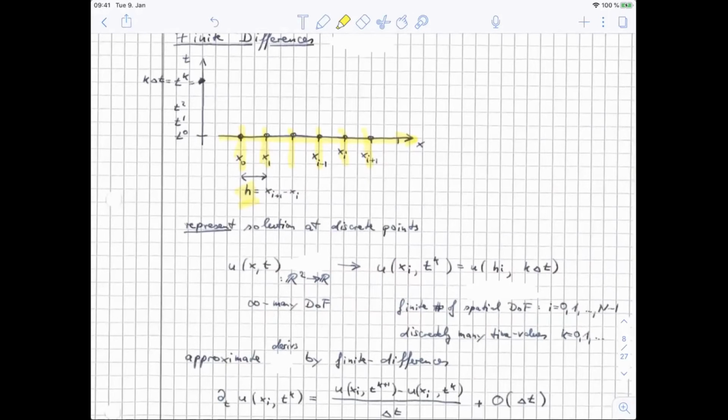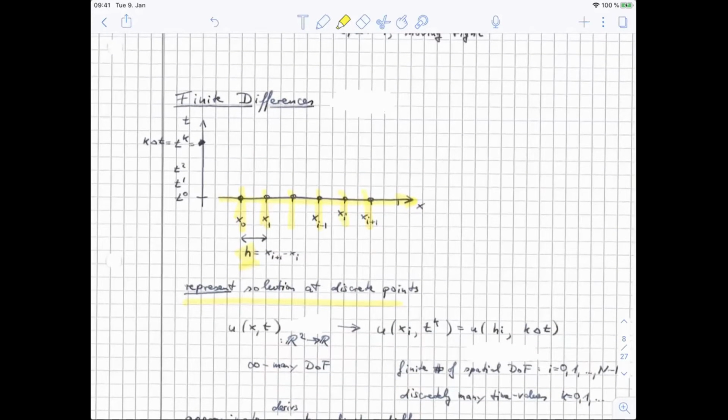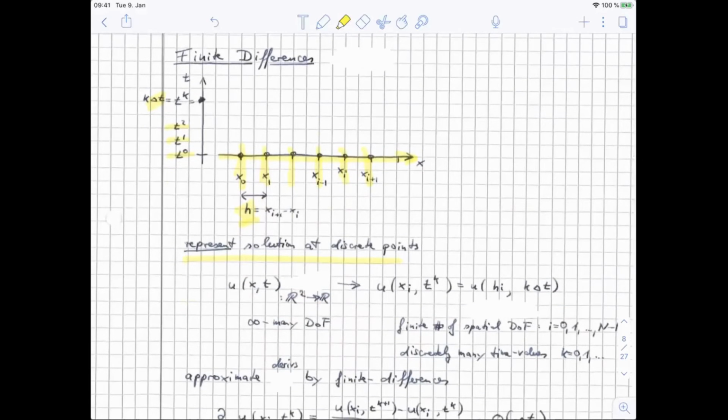And so you're representing the solution at discrete spatial points, and also in this very simple first example, at discrete time points with time spacing delta t. And so our function on R^2 with infinitely many degrees of freedom becomes a function at a discrete set of grid points.